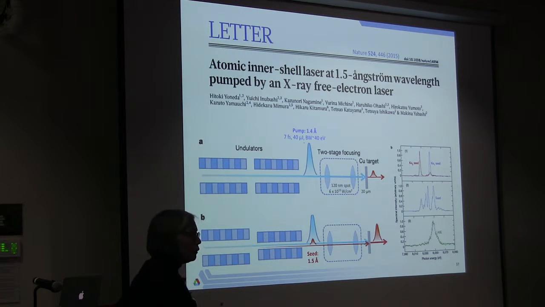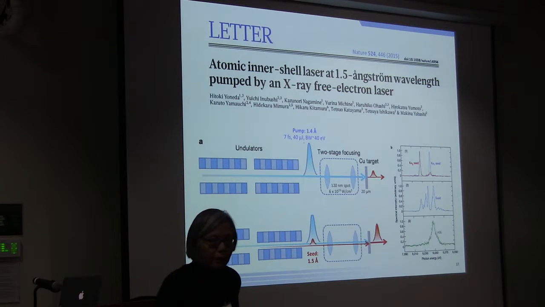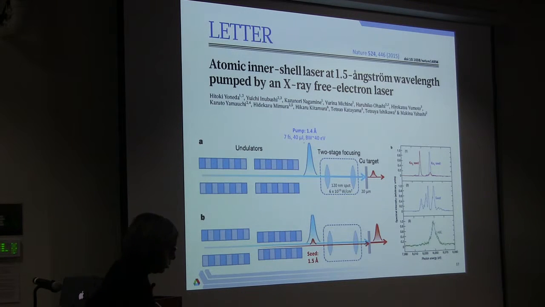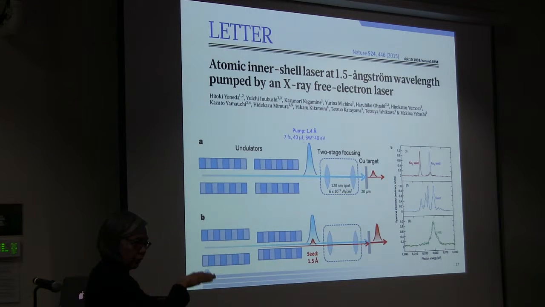But they did one other thing that was sort of special. At the Japanese XFEL, they have tunable undulators. At the LCLS, the undulators are fixed gap, but at SACLA, you can actually change the photon energy coming out. So you have two pulses of different energies.